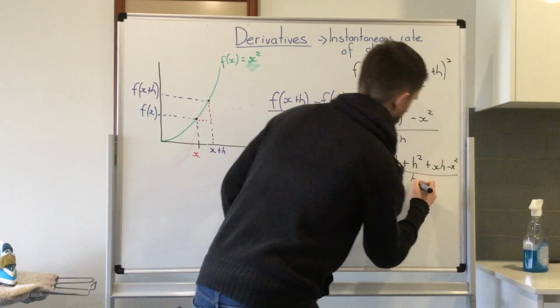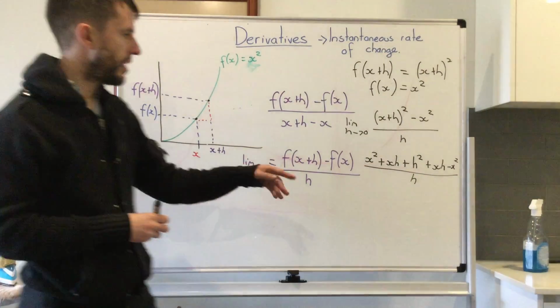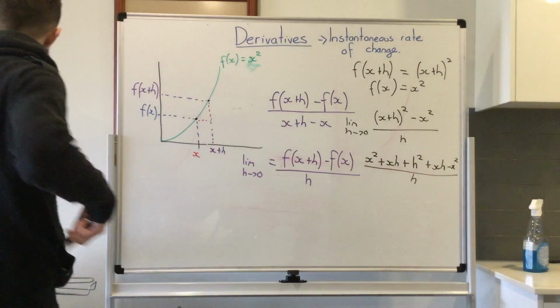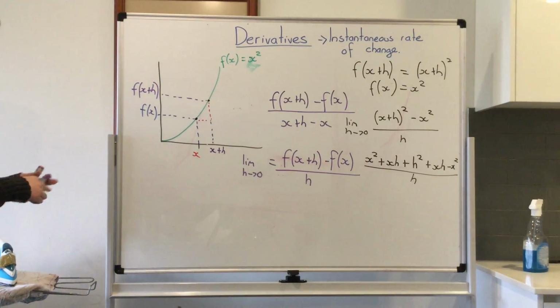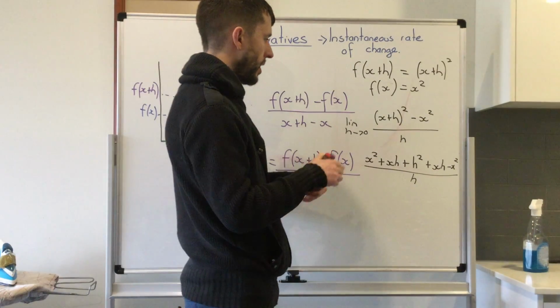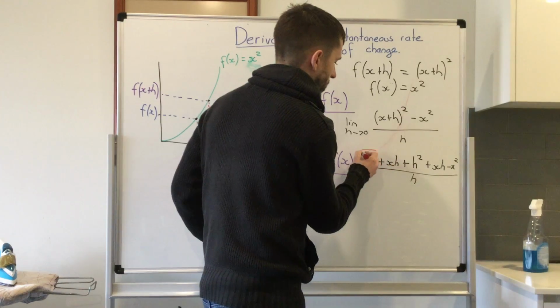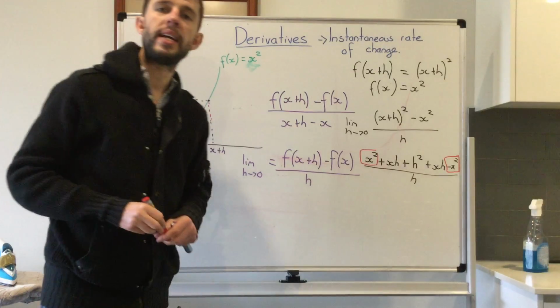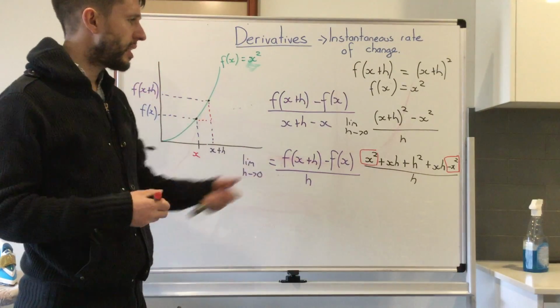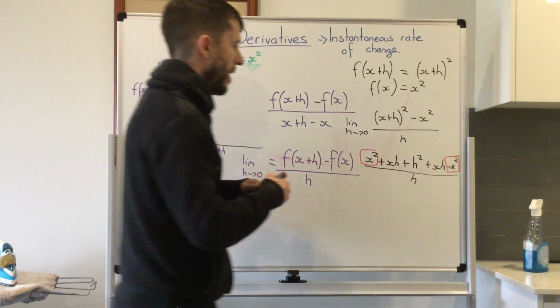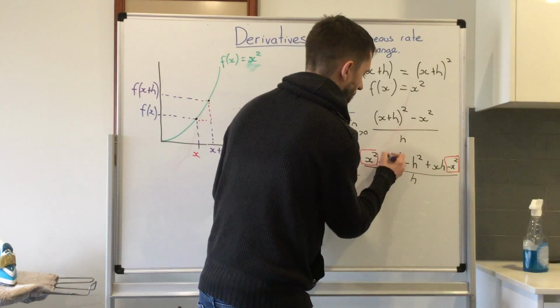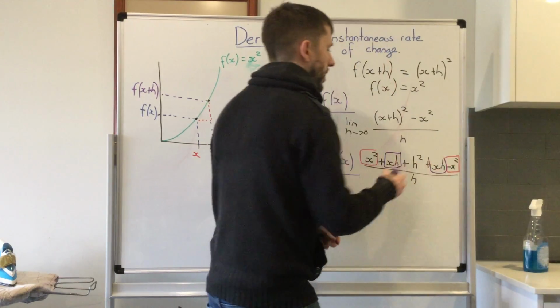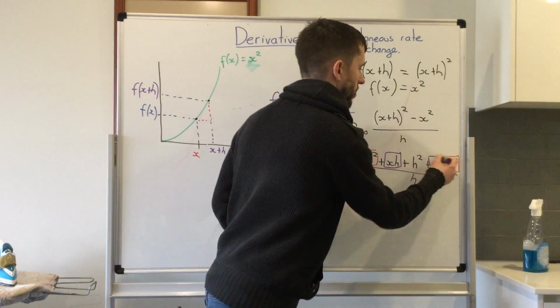divided by h. So straight away I can simplify this because I can see that I've got a couple of things that I'm able to see. The first thing that I see is I have x squared minus x squared, so they cancel out. The next thing that I see is that I have xh and xh, so I can add them together.